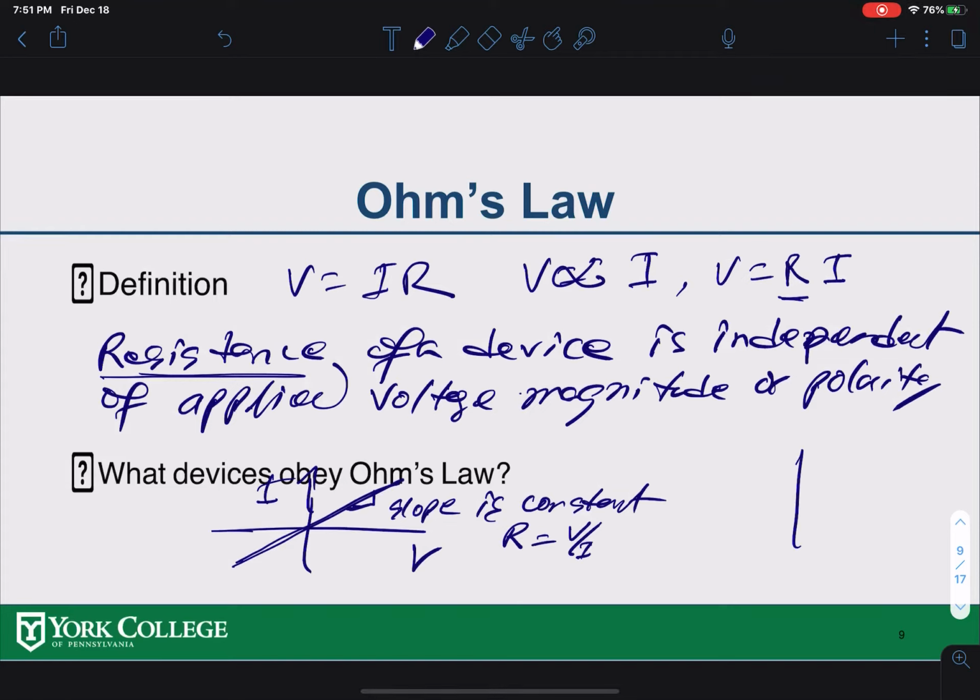If I have something like that over here, where this is I and this is V, this one's slope is not constant. That means your slope is changing depending on voltage polarity and magnitude, so the slope is not constant.